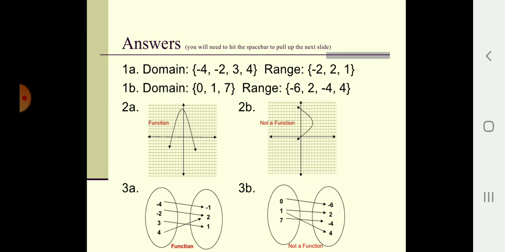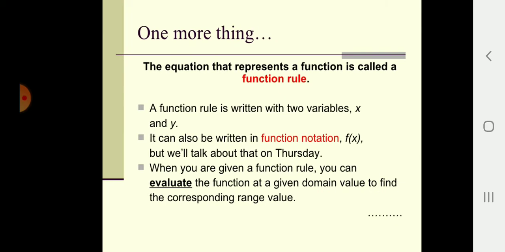Number 3B is not a function, because 0 connects to negative 6, 1 connects to 2, 1 connects to negative 4, and 7 connects to 4. So that is not a function.